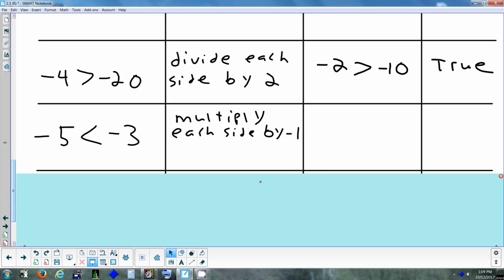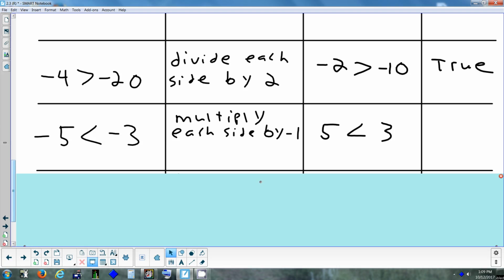Now, let's multiply each side by the same thing: negative 1. Paige, what do you get if you multiply negative 5 by negative 1? 5. And Sydney, what do you get if you multiply negative 3 by negative 1? 3. So 5 is smaller than 3. What do we think about that one?